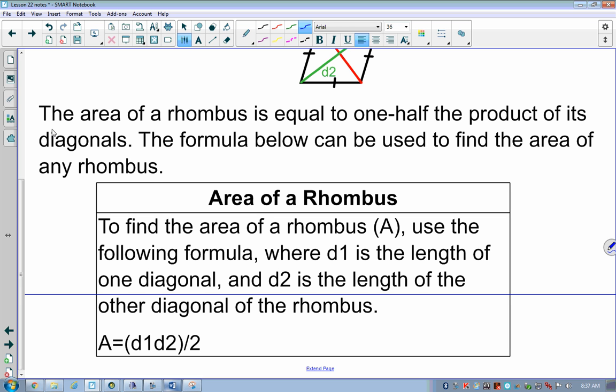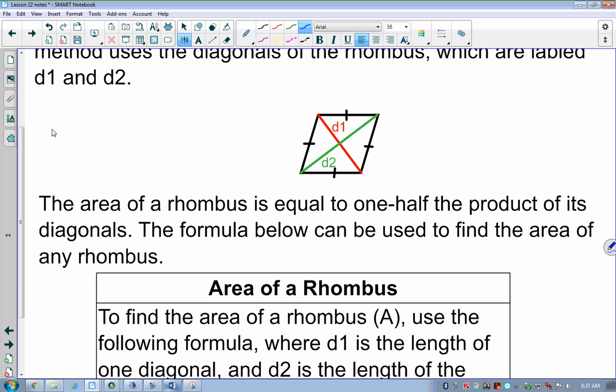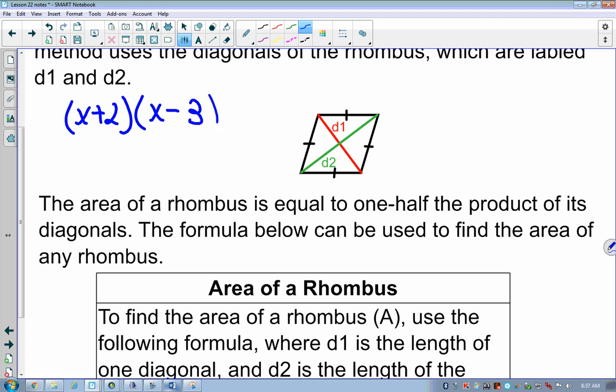The area formula for a rhombus, especially this one, is probably one that's going to get forgotten. I've said this for years because the question comes up on the test. You might see a complex possibility for our diagonals, where they say diagonal 1 is x plus 2 and diagonal 2 is x minus 3.